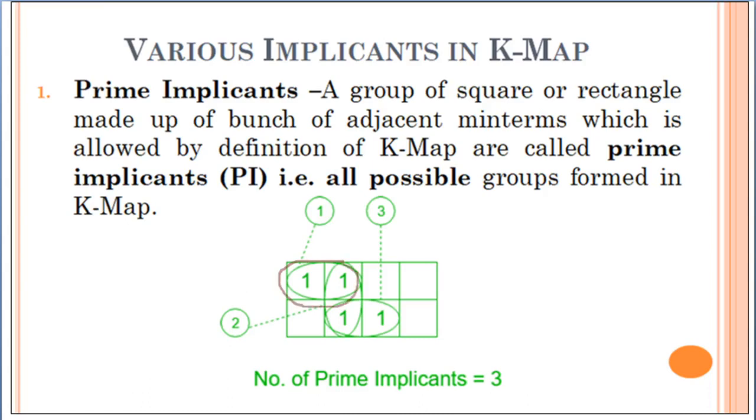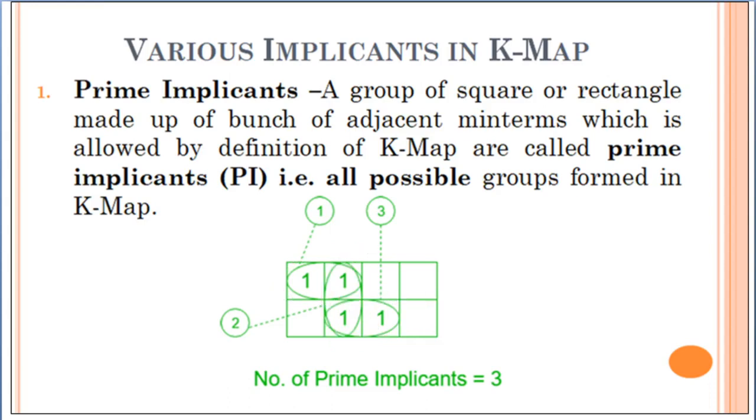That means this one and this one. Simply, we have to create the groups in the K map with the adjacent cells. That means this cell can be grouped with this, and this cell can be grouped with this neighboring cell, and this cell can be grouped with this particular adjacent cell.